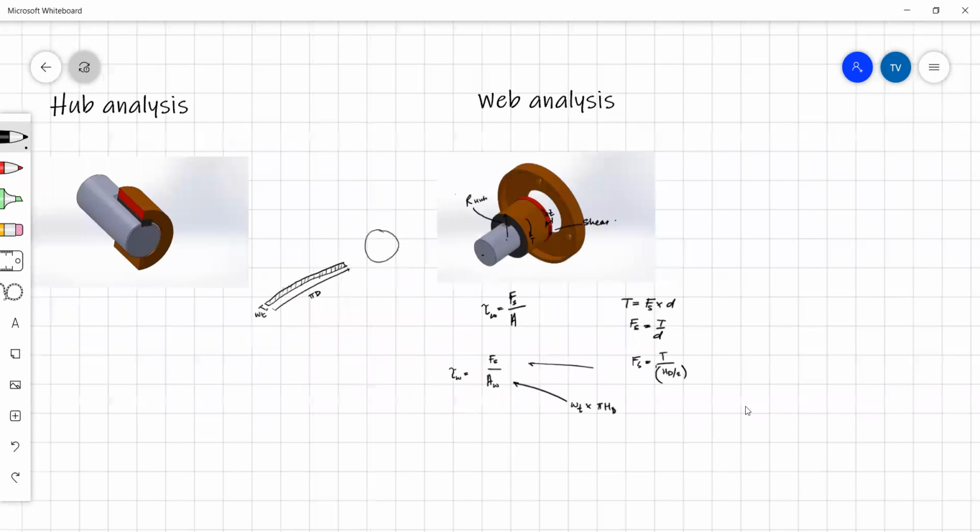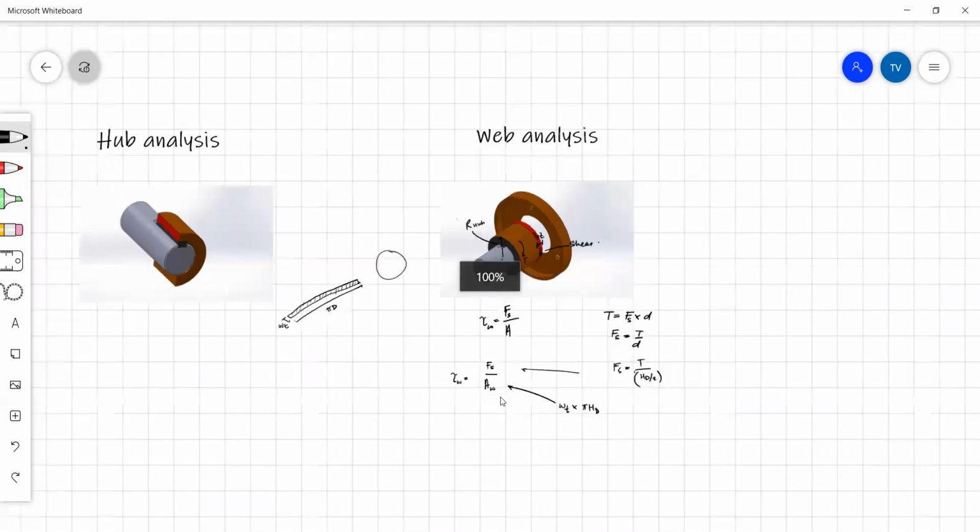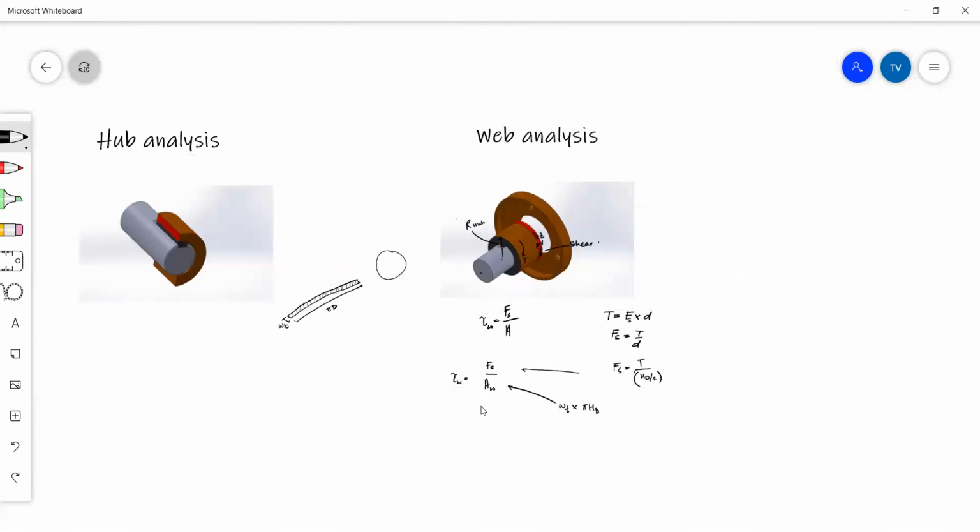Any other questions from any of the other analysis that we have? Just bear in mind that 15 marks comes from your calculation report and 10 marks comes from your drawings.